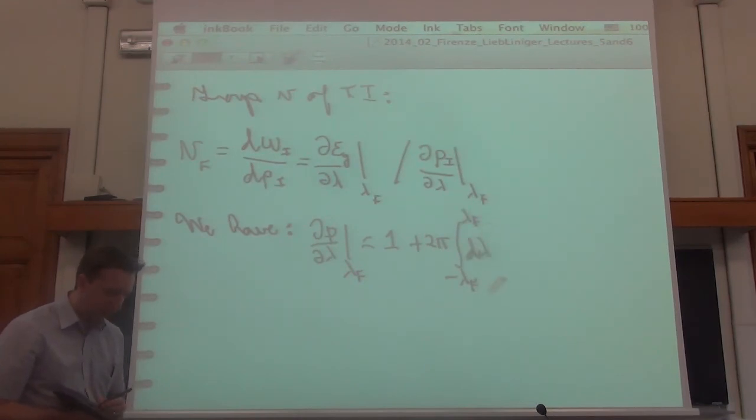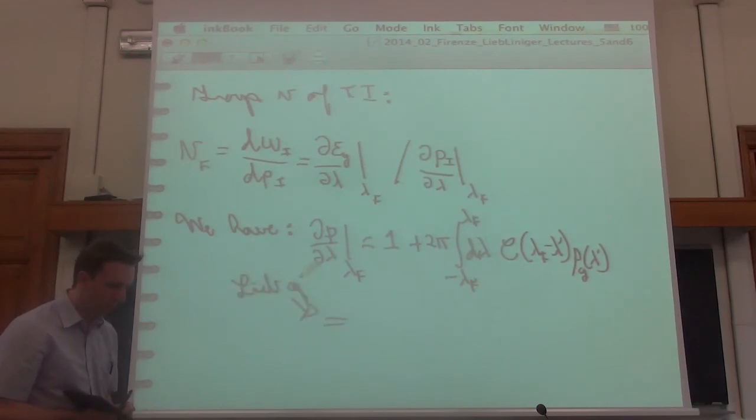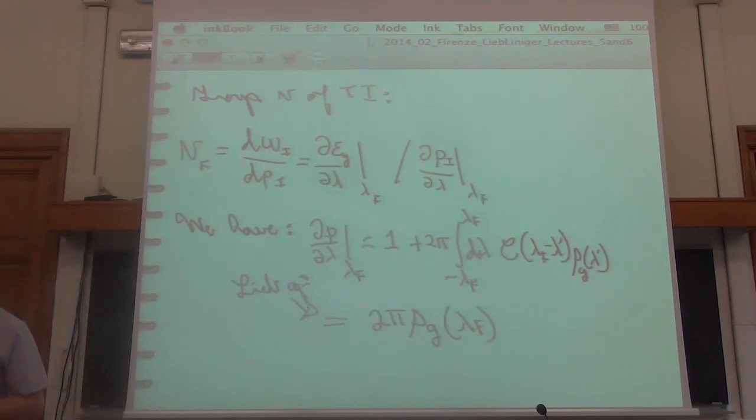And now when I take the derivative, I let the derivative act on the phi, so the phi becomes the kernel, times rho, where this is the rho ground state. And using the Lieb equation, this is just equal to 2 pi rho ground state at lambda f.